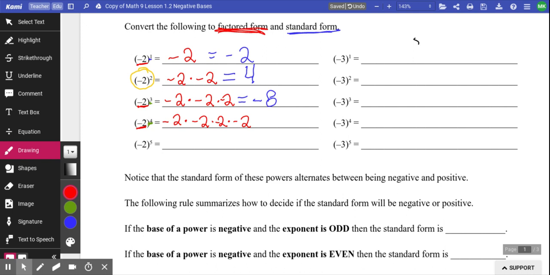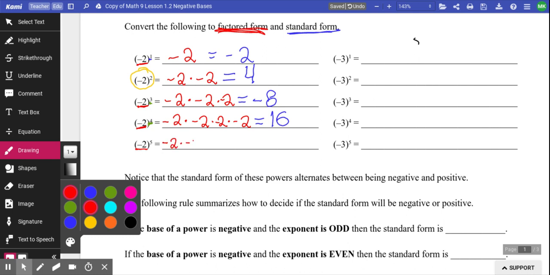That's factored form. If you want to turn it into standard form, which is just calculating it, we call it evaluating it, you're going to go -2 times -2 times -2 times -2 in your calculator. You should get an answer of +16. The last one, in factored form, again, you take the base, which is -2, you multiply it 5 times.